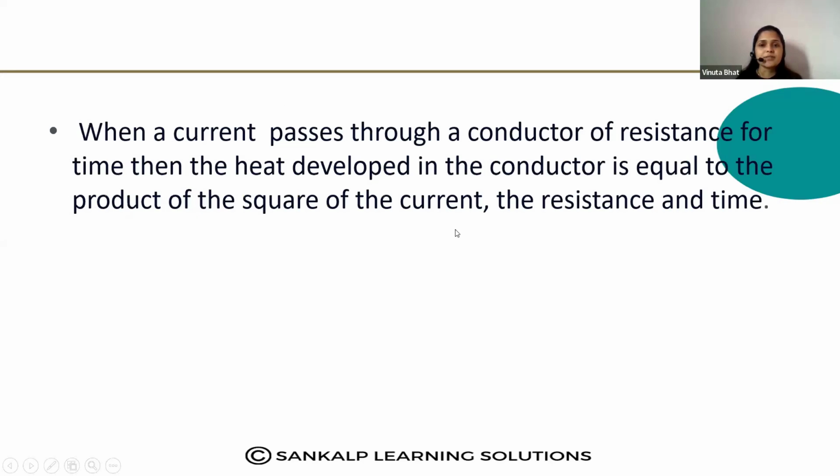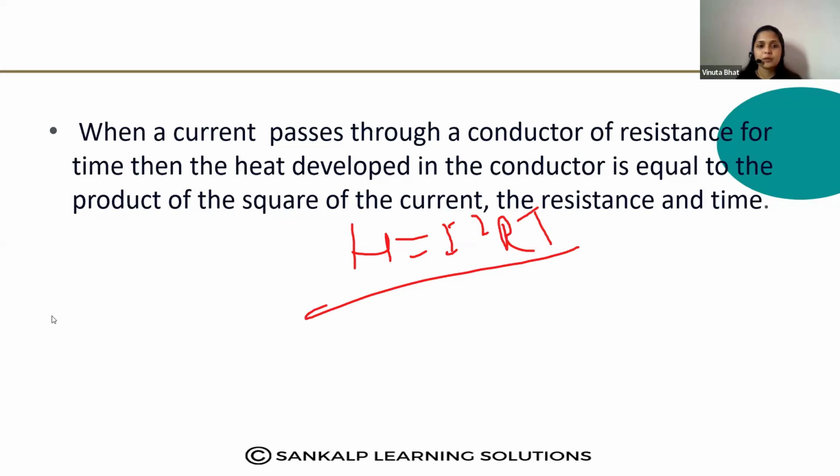When a current passes through a conductor of a resistance for a time, then the heat developed in the conductor is equal to the product of the square of the current, the resistance and the time. You already know the formula: H is equal to I square RT.